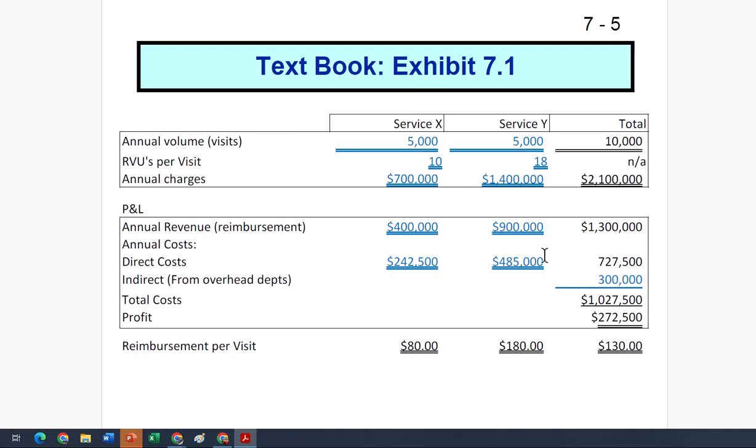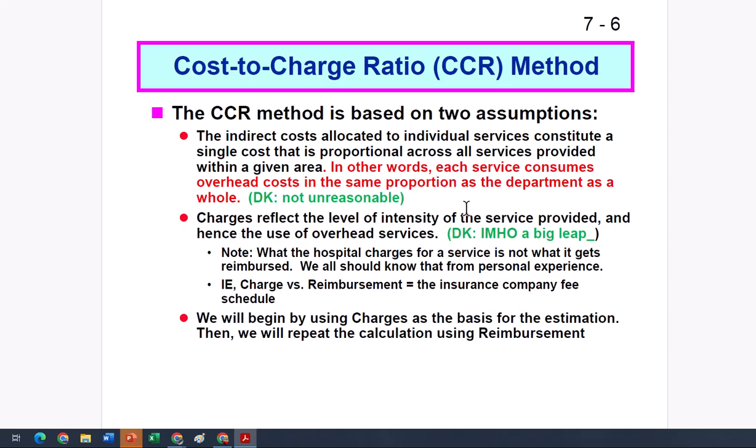As you know, we did the departmental allocation, right? From chapter 6, the previous chapter. We've got some reimbursement. So cost to charge method is the costs are allocated. Okay, the indirect costs within the department that can't be tied specifically to the procedure.